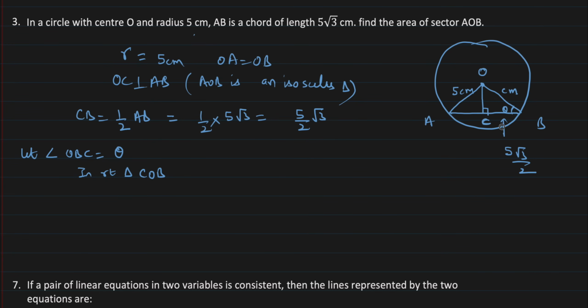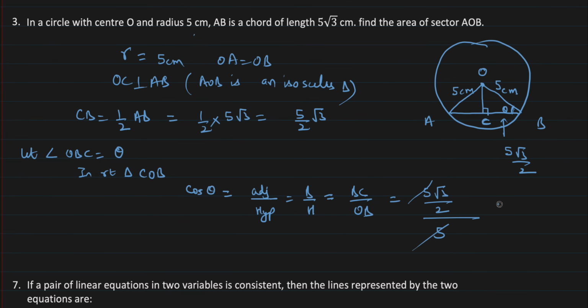Okay, so this is the base, seen from this theta angle. So I'll write, what is cos theta? Trigonometric identities, you remember. Cos theta is adjacent by hypotenuse, or base by hypotenuse. So base is BC, hypotenuse is OB, and this I know is 5. So BC is 5 root 3 by 2, and upon OB is 5.